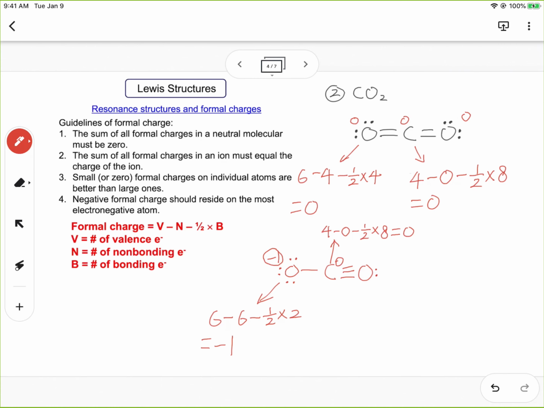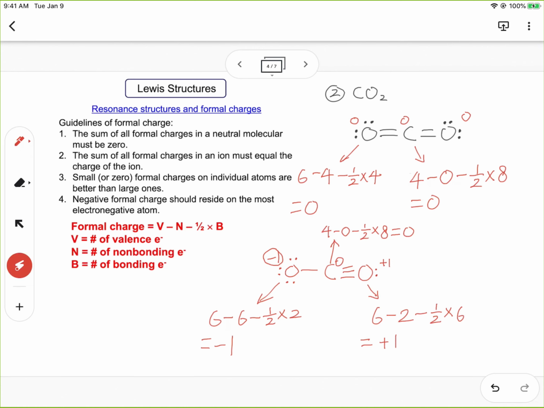Now for the oxygen on your right, you have 6 valence electrons. Non-bonding electrons would be 2, you can see 2 dots right here, and then minus half of its bonding electrons. You have a triple bond, 6 electrons, so multiply by half of 6. Therefore, this one would be +1. Let me label it +1.